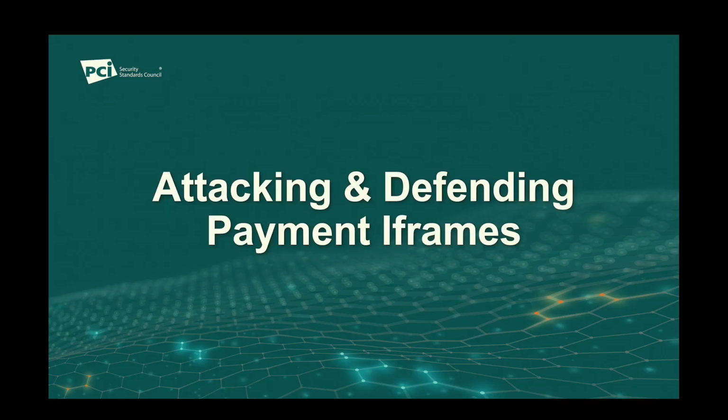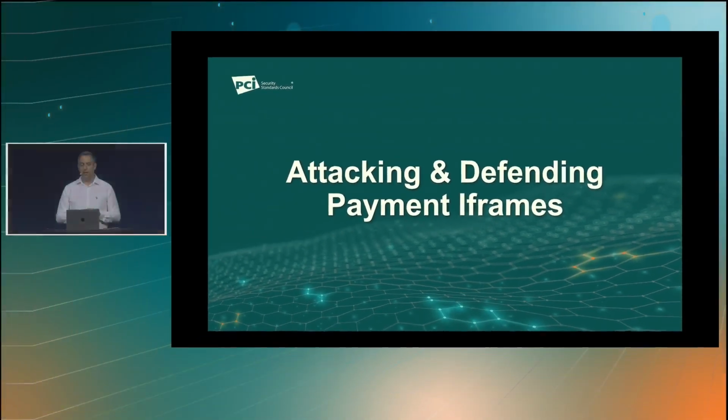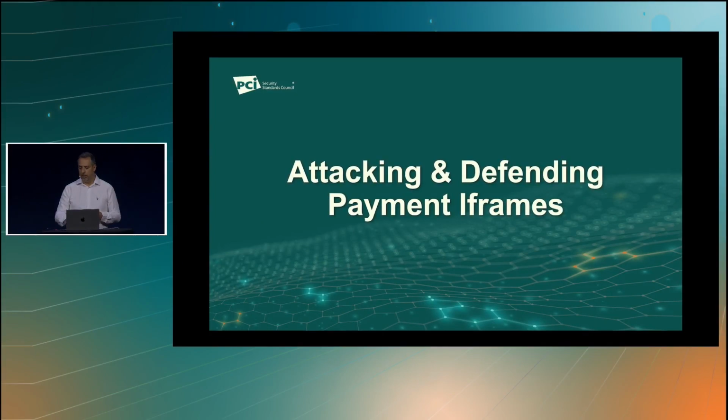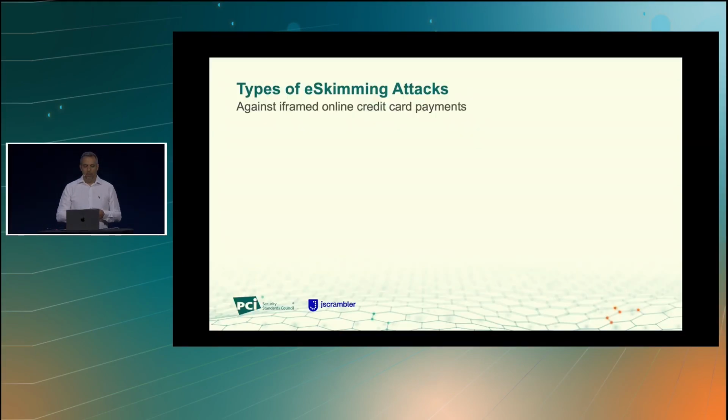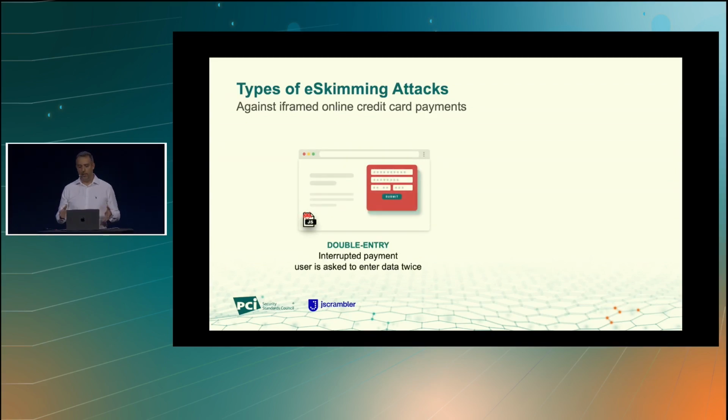So let's go on with some attack and defending examples against payment iframes. But before that, we can split e-skimming attacks against iframed payment forms in two groups. You have double-entry skimming attacks, in which the normal flow of the cardholder is disrupted somehow.